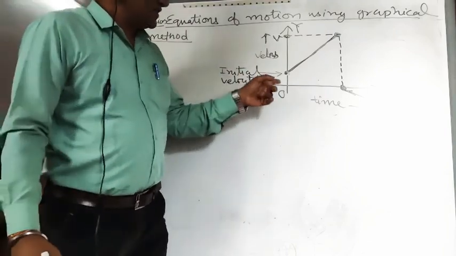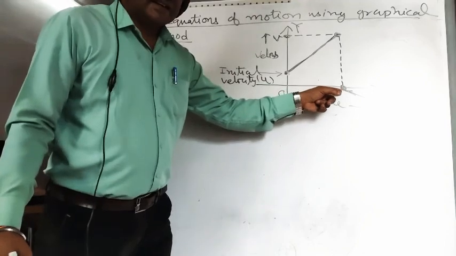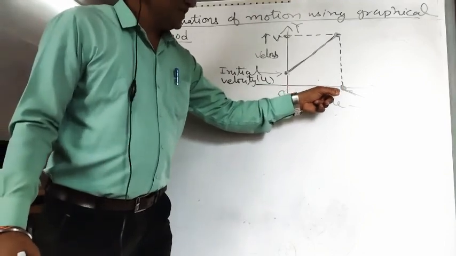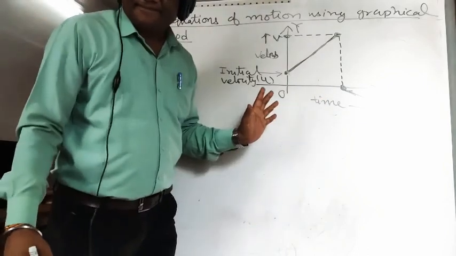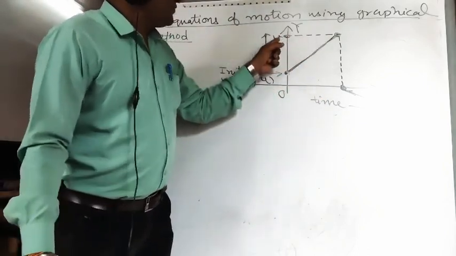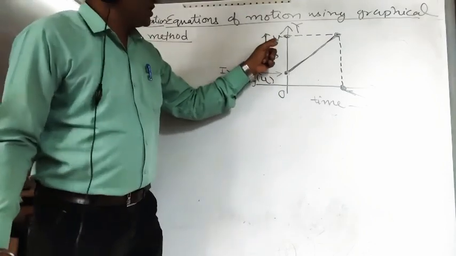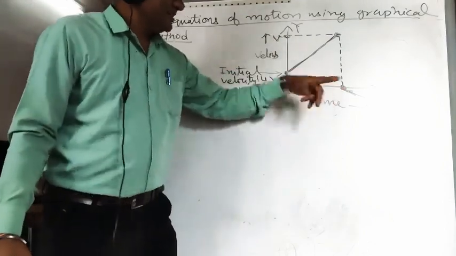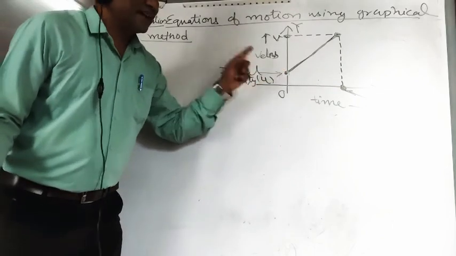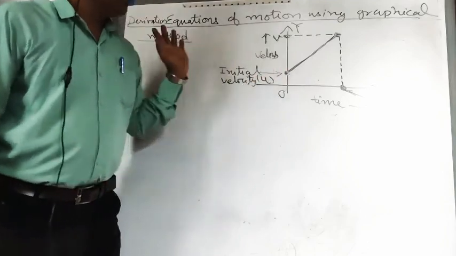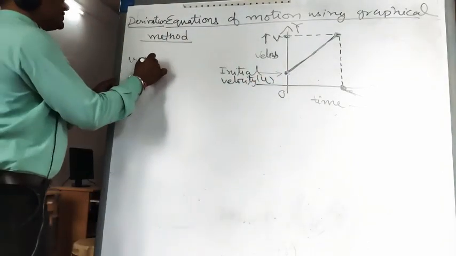Our object started from time t equal to 0 second and finishes its journey at time t. T may be 5 seconds, 2 seconds, 10 seconds, whatever. So v is called the final velocity, the velocity of the body at time t. And u is the initial velocity, the velocity of the body at the starting time when t is equal to 0. What is v here? V is the final velocity.